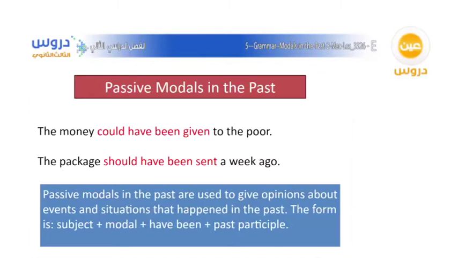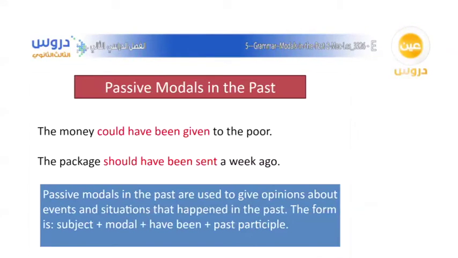Passive modals in the past are used to give opinions about events and situations that happened in the past. The form is subject plus modal. Modals like could, should, may, might, plus have been, plus the past participle of the verb.